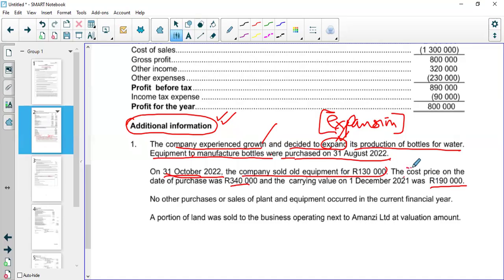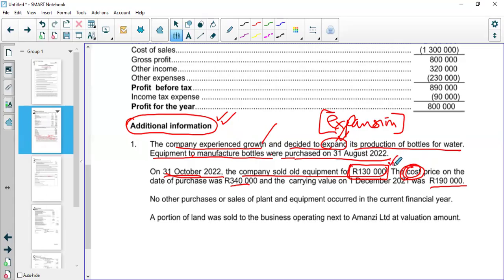So we also need to remember this cost price, that it's part of what was disposed, so we have to make the necessary adjustment. And also we need to remember that here we sold the equipment, and because we sold the equipment, we have to record the cash received, not the profit.